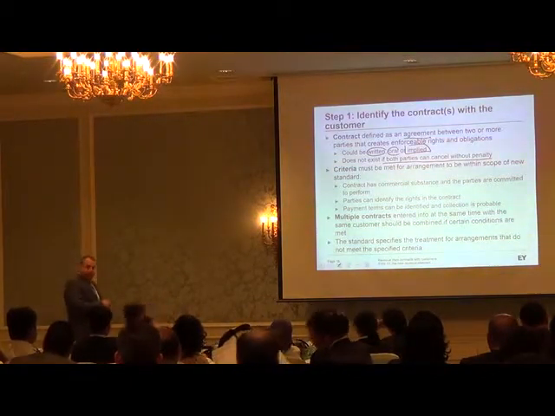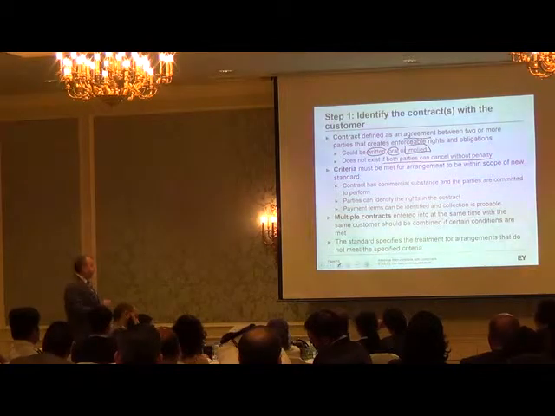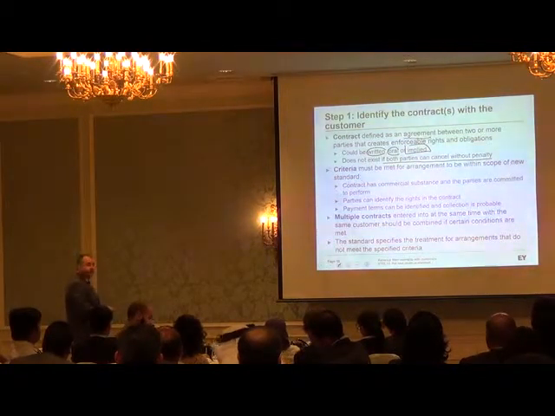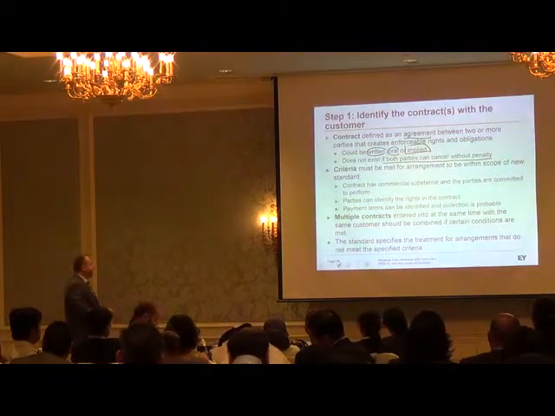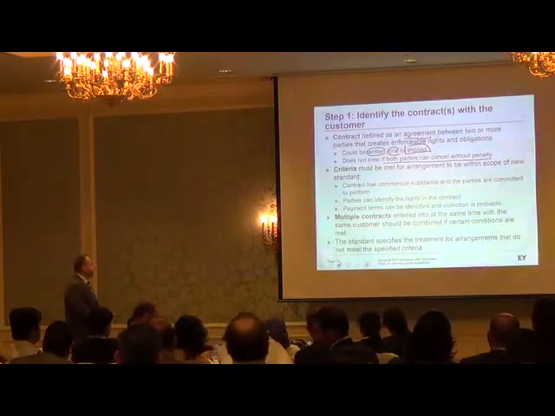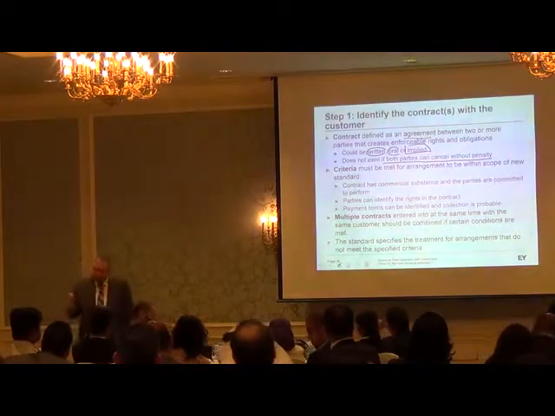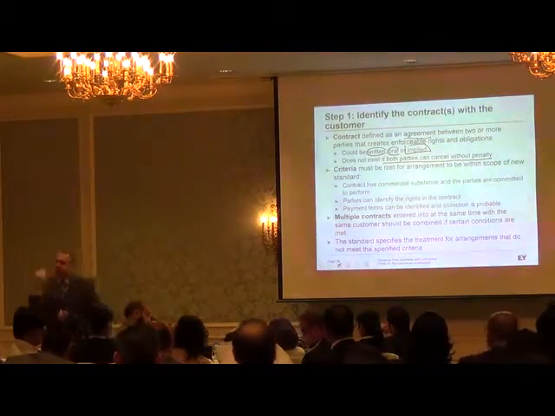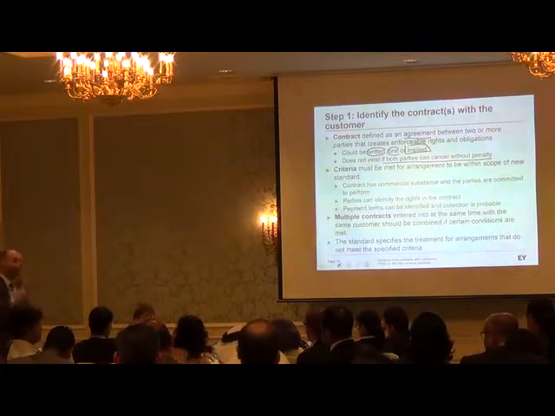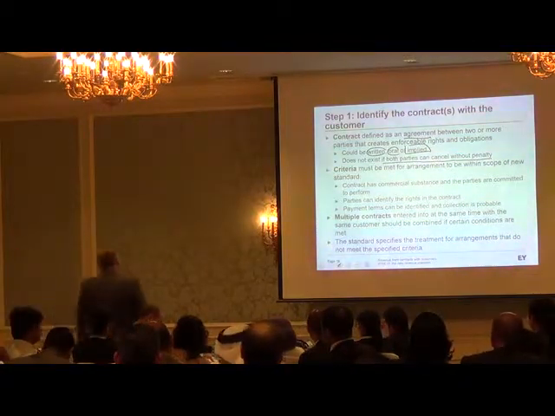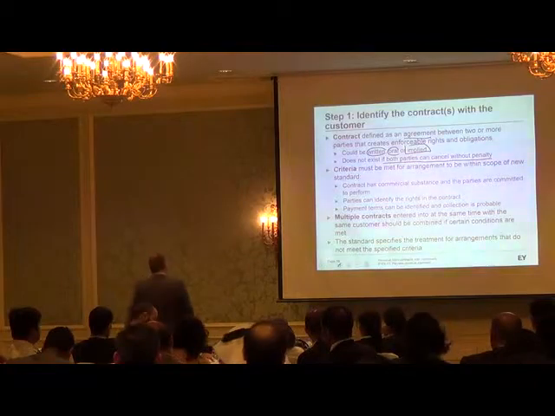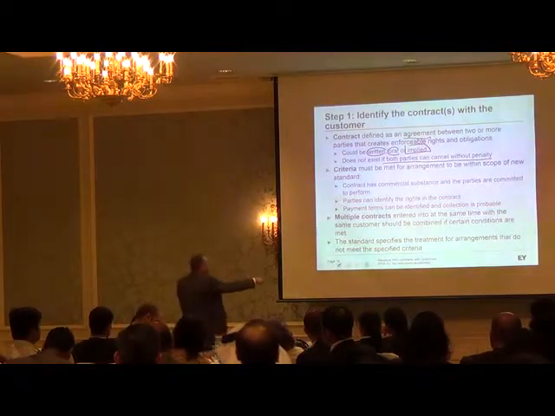That's the first one. Contract must exist. Also, there are some criteria, so that's an addition. The contract has to have a commercial substance and the parties are committed to perform. Okay? So it must have a commercial substance, so some party has to provide something and the other party needs to give something in exchange. Parties can identify the rights in the contract.